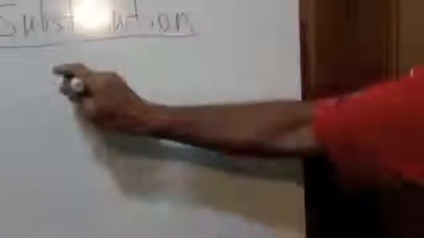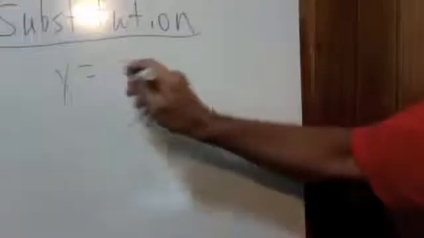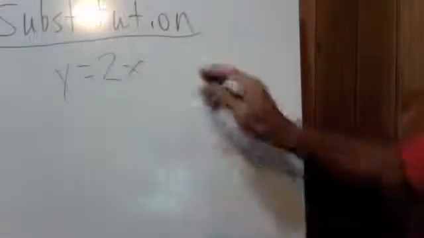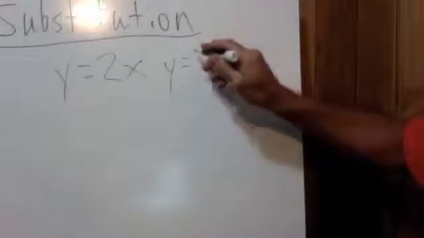Yesterday we talked about solving two linear equations. Like, let's put a couple of them up here: y equals 2x and y equals 3x minus 2, let's say.